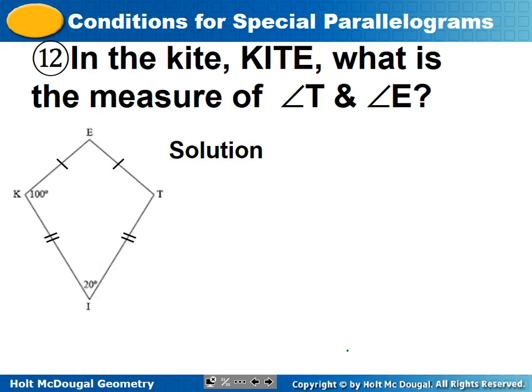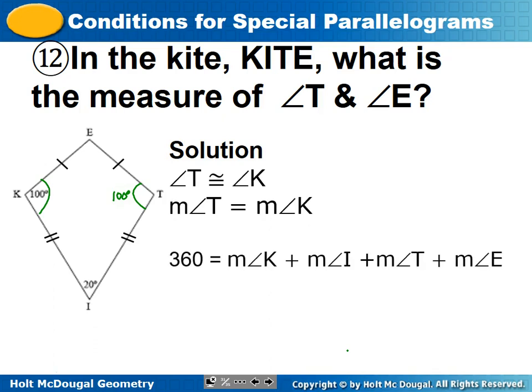So in kite K-I-T-E, what is the measure of angle T and E? Notice here again that K and T are congruent, so this one over here would be 100. And the way that we're going to find E is recall that all the angles inside here add up to 360 degrees. So the sum of all the angles is 360 degrees.